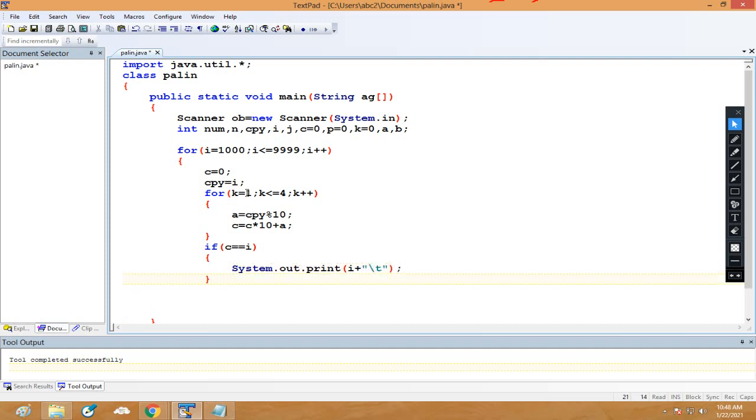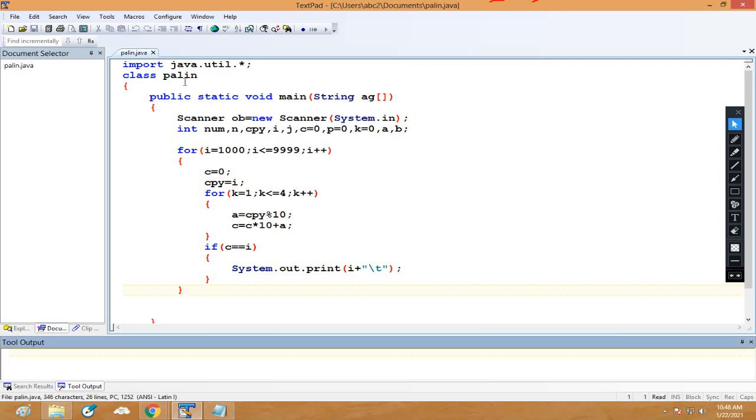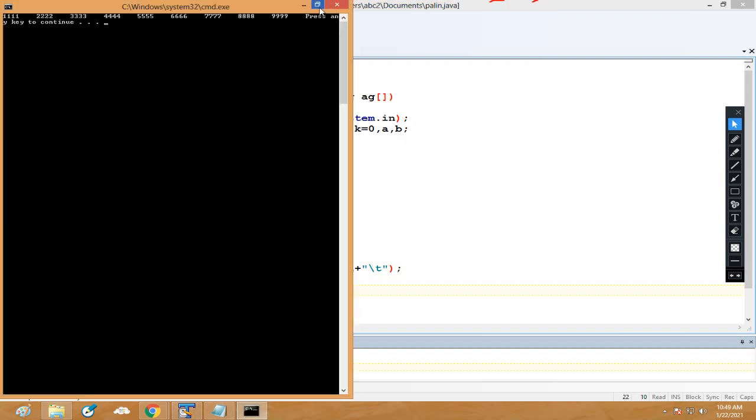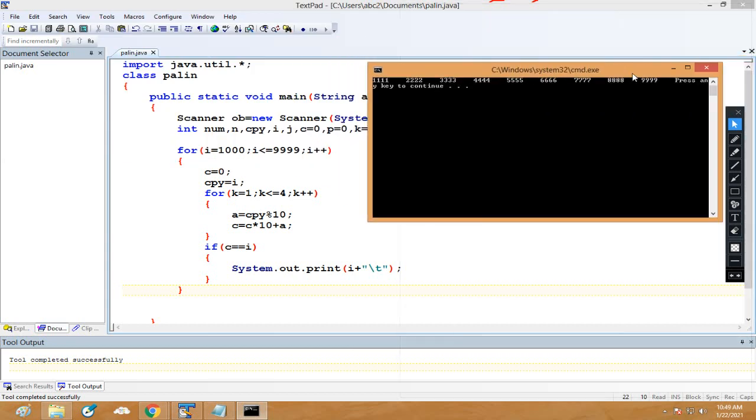Any confusion here? No, sir. But see, here we are working directly on the 4 digit number. Is it correct?